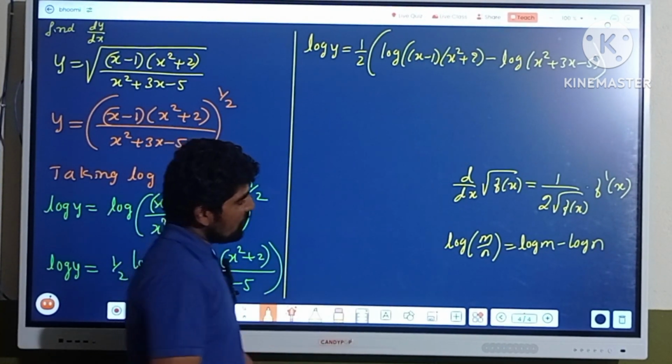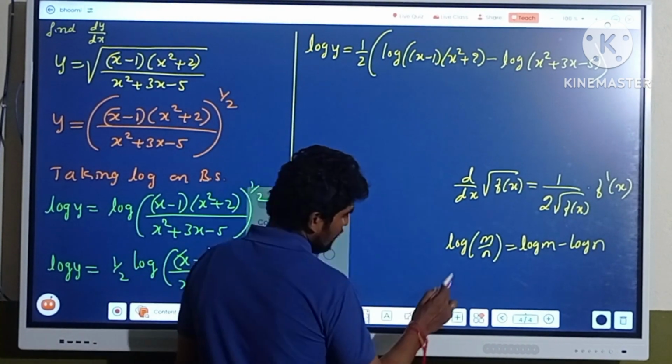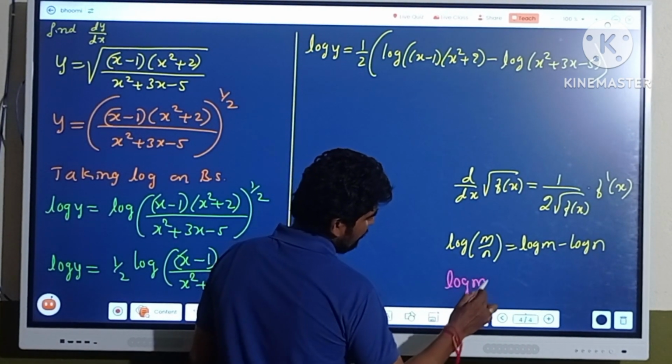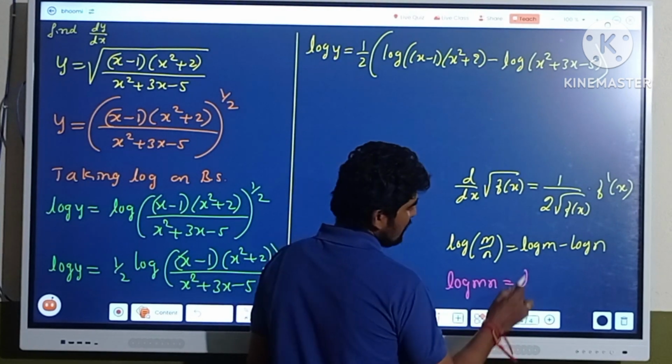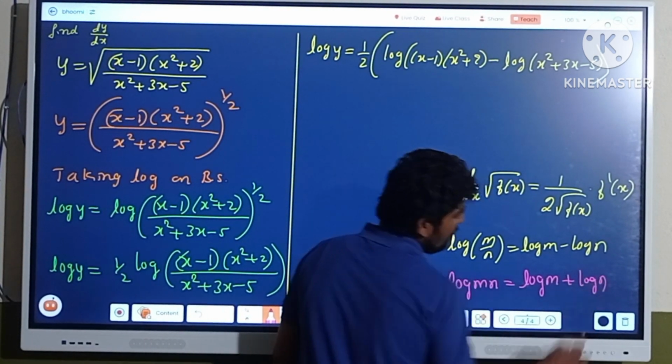Again, we have one more property of log: log of m into n can be expressed as log m plus log n.